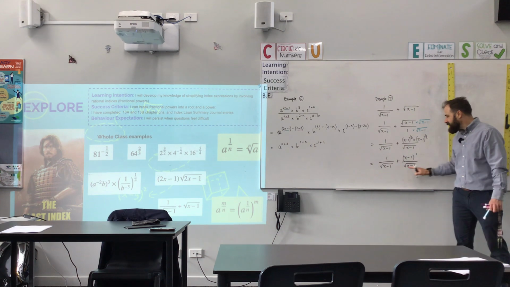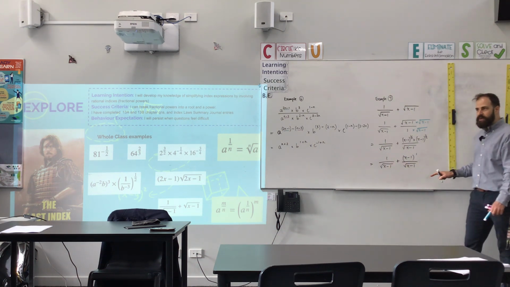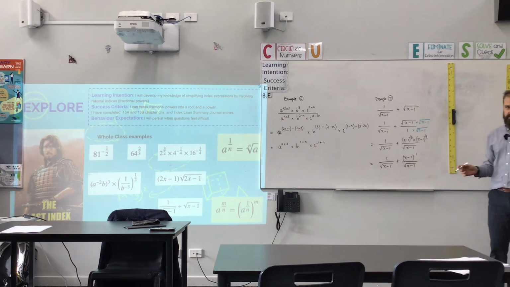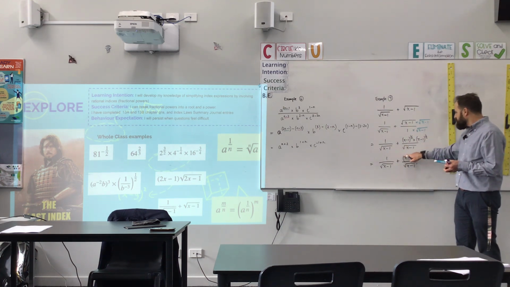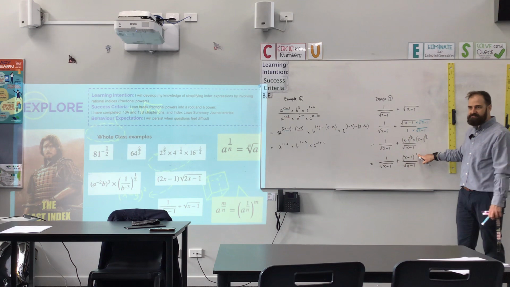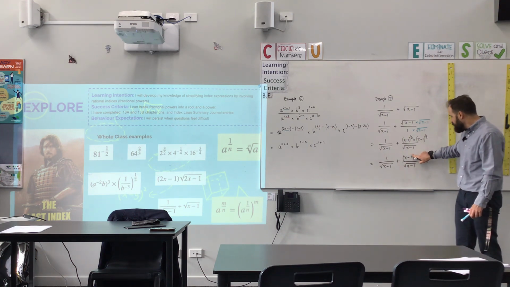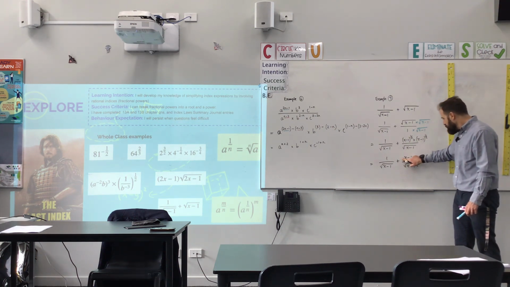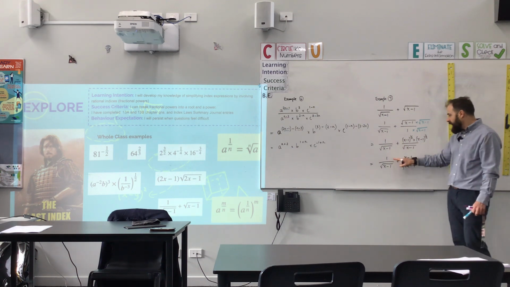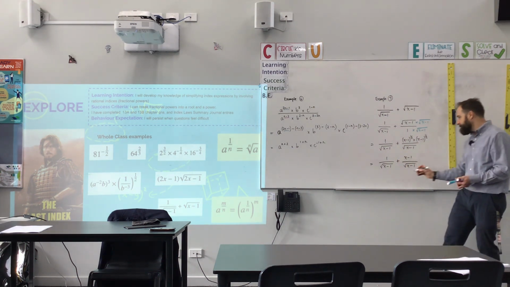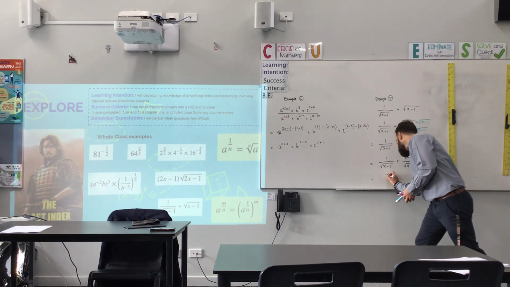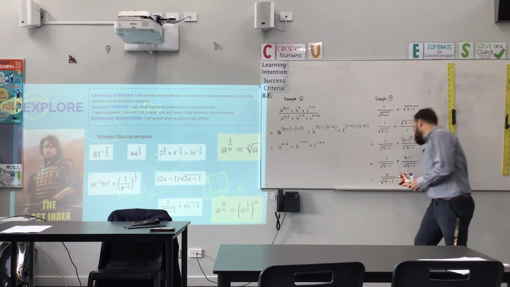Now that I have the same denominator, what do I do? I add them. So, do I need these brackets and power of 1 on the outside? No. So I don't need any of that. So I'm going to go 1 plus x minus 1. What's 1 plus x minus 1? X. And my denominator is the square root of x minus 1.